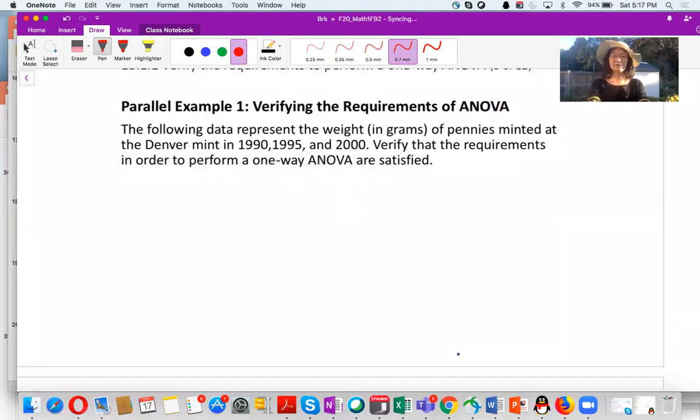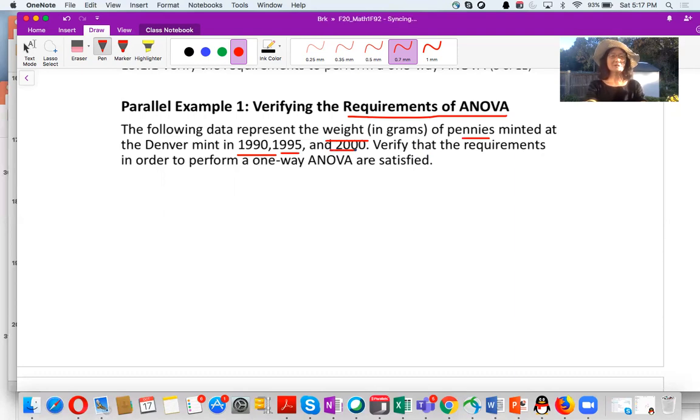Now let's do an example to check the requirements for ANOVA. The following data represent the weight of pennies minted at Denver Mint in 3 different years, 1990, 1995, and 2000.